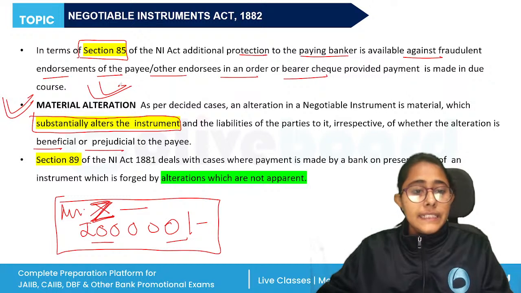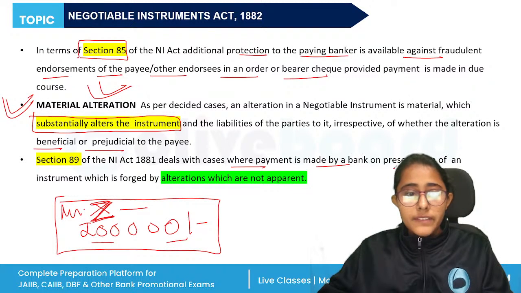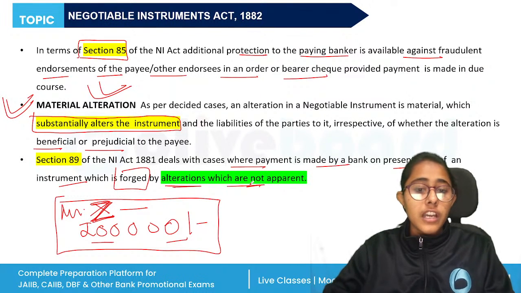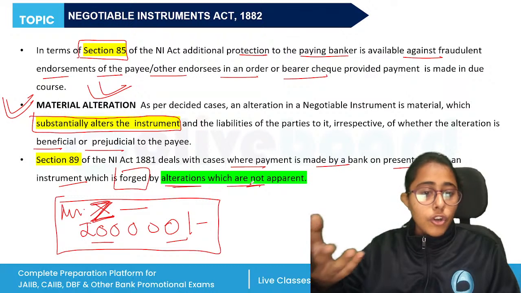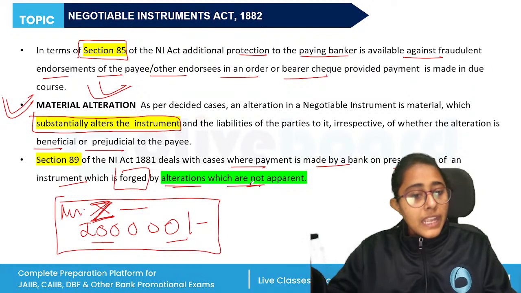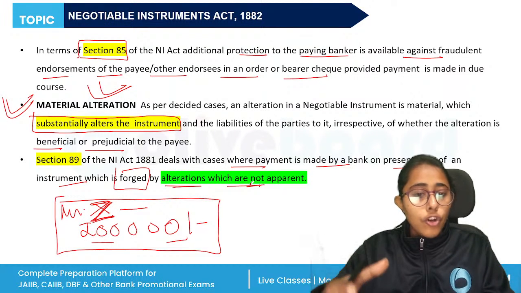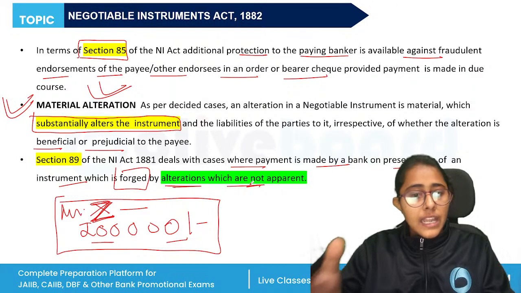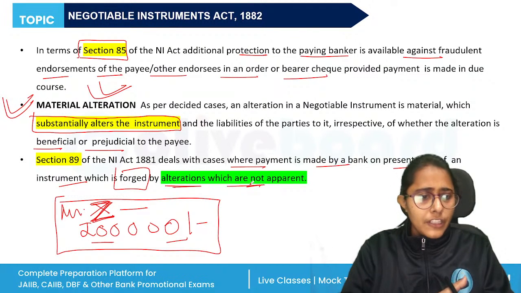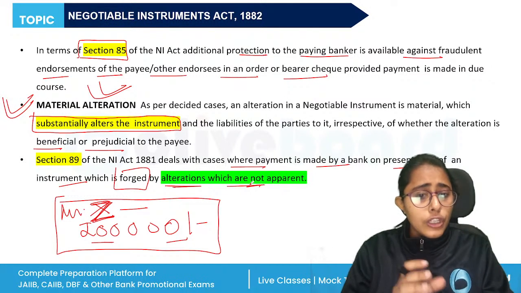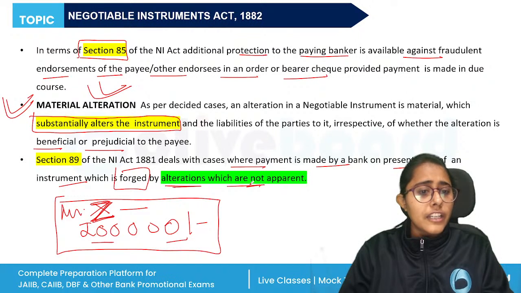Now, section 89 says that where payment is made by the bank on presentation of an instrument which is forged by alterations which are not apparent, not visible, not clear to the naked eye. If a check is an electronic image of a truncated check, then any difference in the apparent tenor of such electronic image should be considered a material alteration.